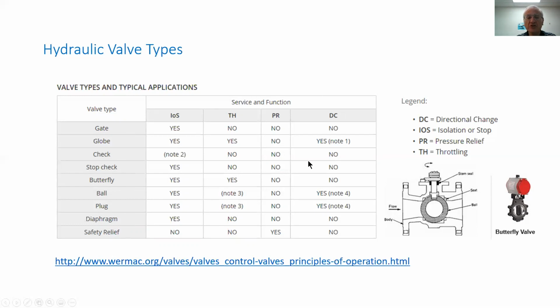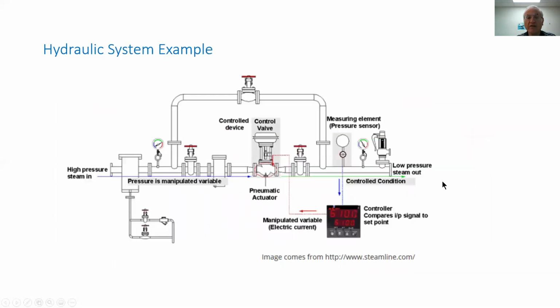Also, the applications are stated over here by Wehrmacht. And notice that the pressure relief cannot be done by any one of the other valves. It has to be specifically designed for that. We also see some examples of butterfly valves and also a ball valve.